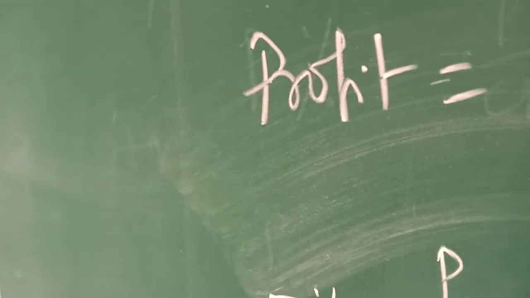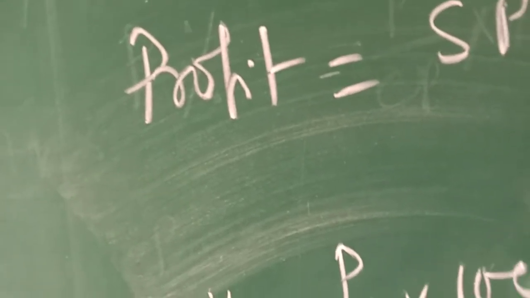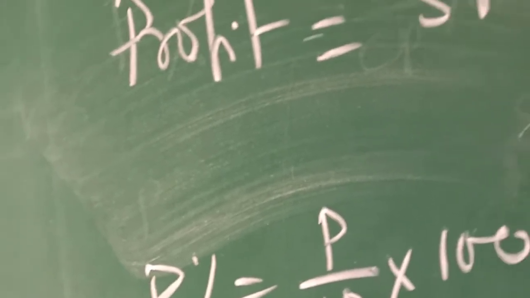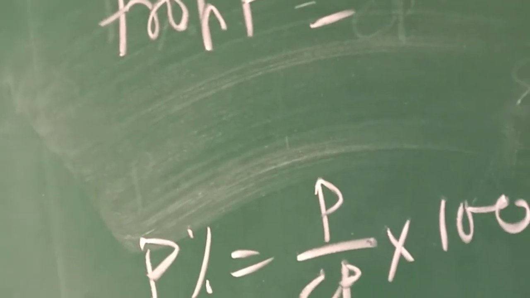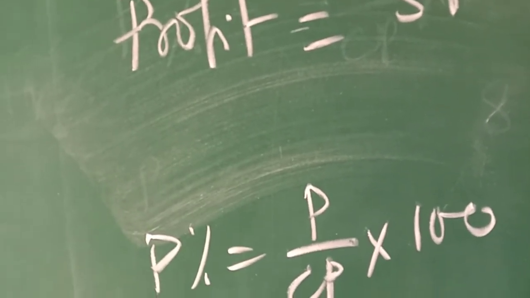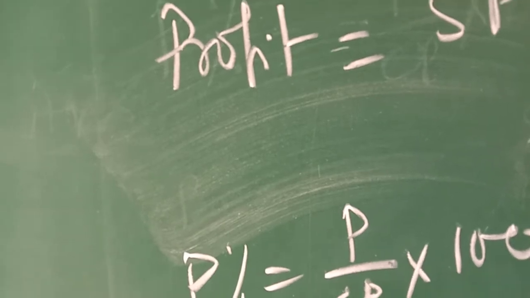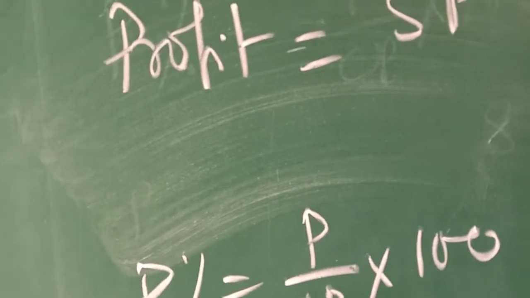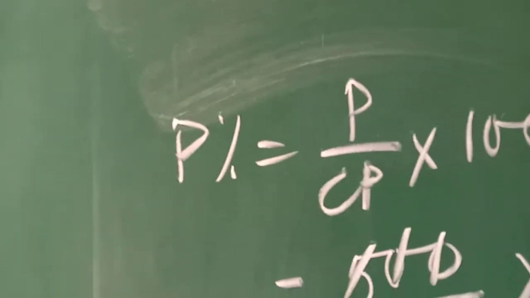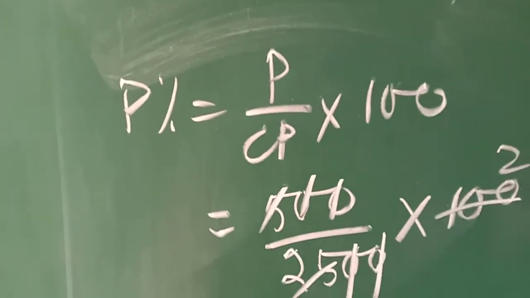Now profit percent, profit by CP into 100. What is your profit? Its profit is rupees 500, CP 2500 into 100, cancel it, 5 5s are 25, and you will get profit percent is 20%. 20% profit percent.